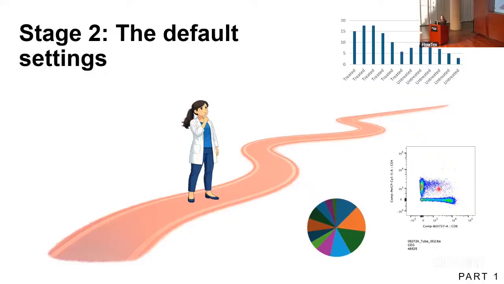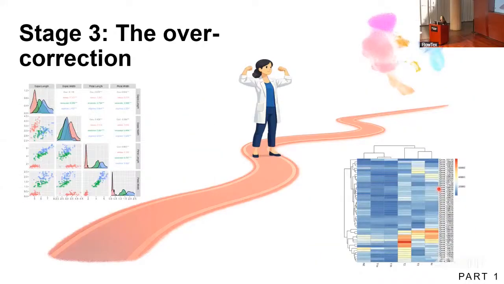However, it is also at this stage that you start to read Nature Immunology papers, and you see that the flow data that they're publishing and the plots in their papers don't quite look like yours. And so that is when you reach stage 3, what I call overcorrection.